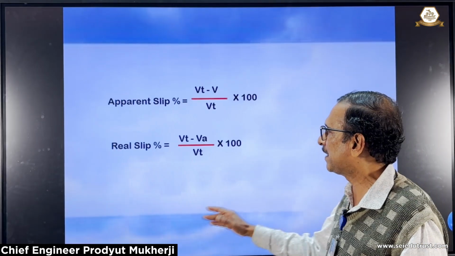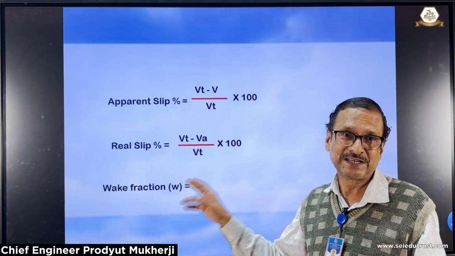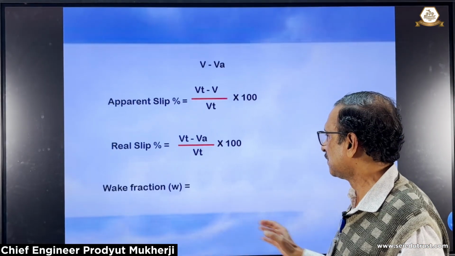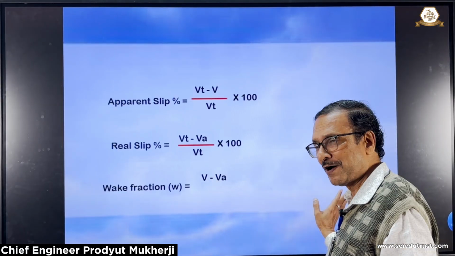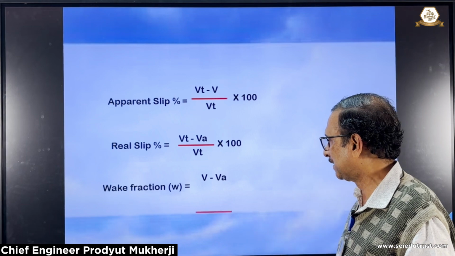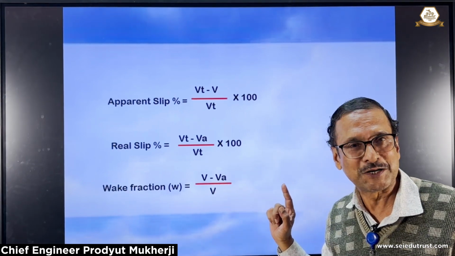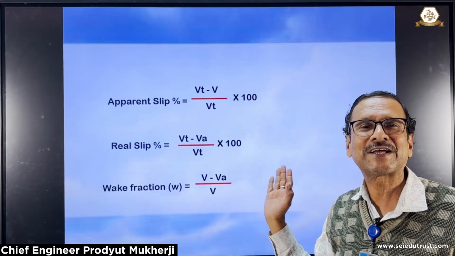And the last one which we have is the wake fraction. This is not a percentage, it is just a fraction, which is denoted by ship speed minus speed of advance divided by the ship speed. So here there is no 100 to be multiplied with because it's not a percentage, it's a wake fraction only.